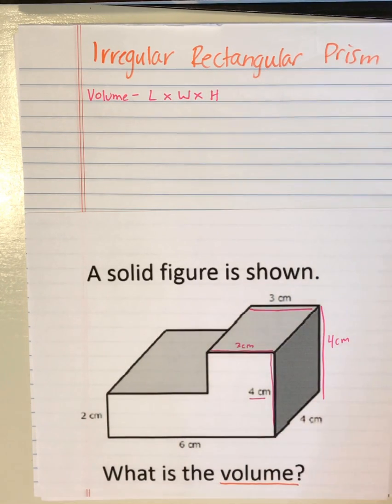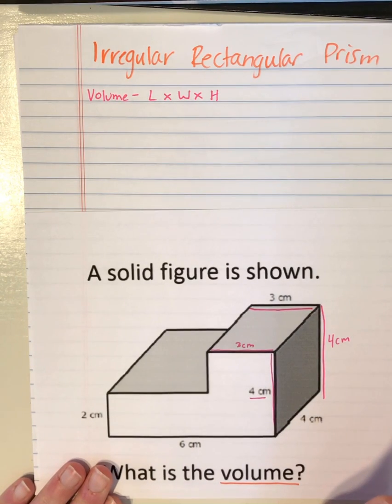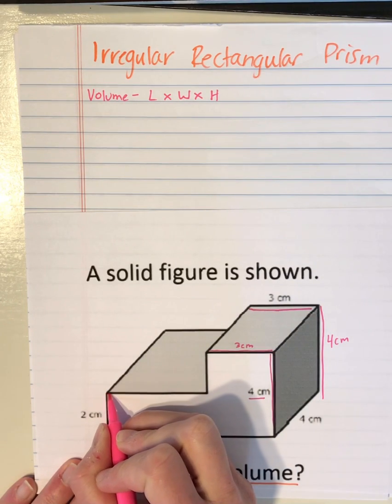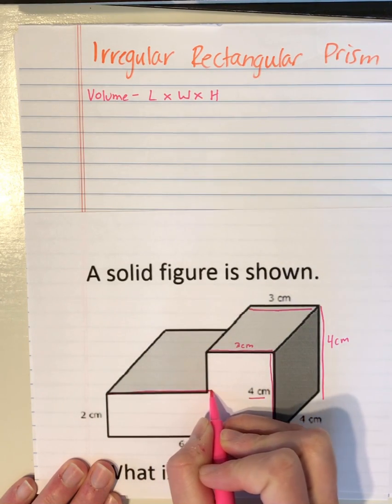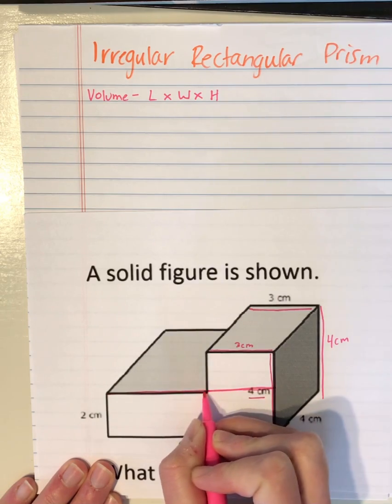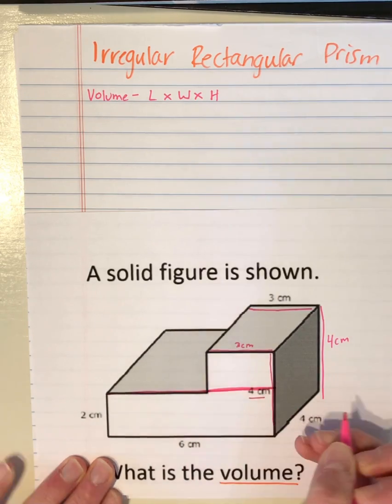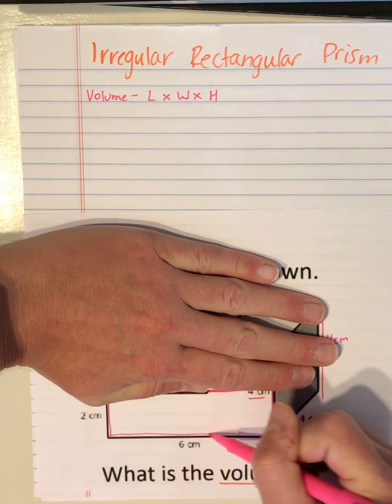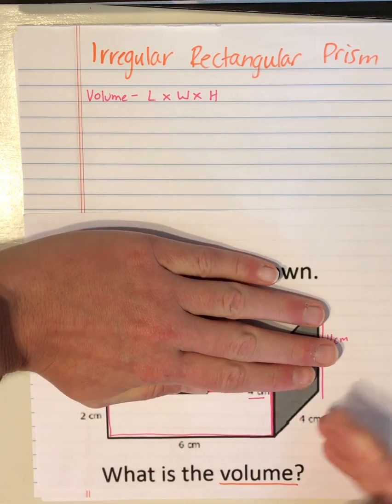So I'm just gonna leave those two there as a reminder, and I'm going to cut this shape so that it's two rectangular prisms. And the first one I see is this line right here, okay? So I'm gonna cut that to make this rectangular prism, okay?